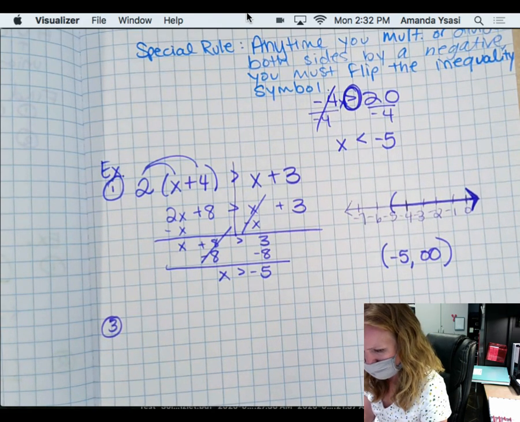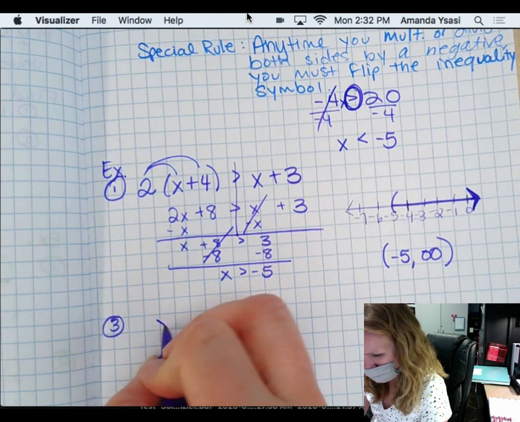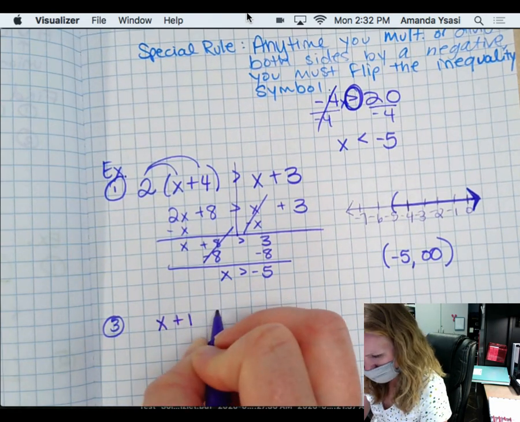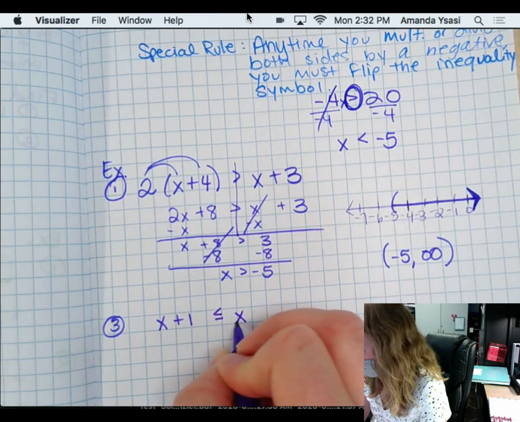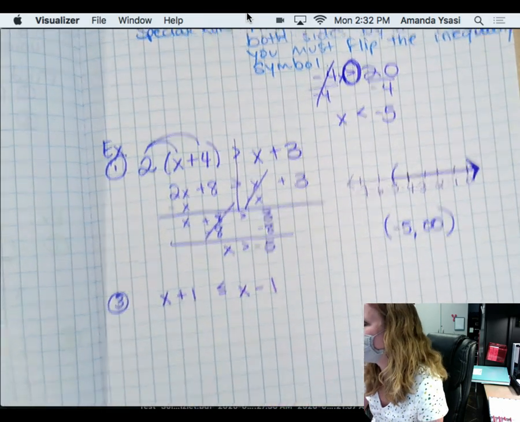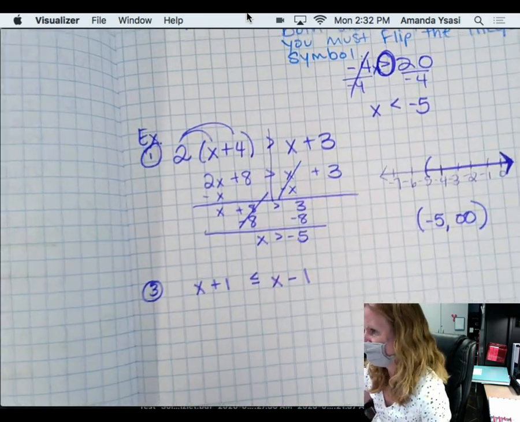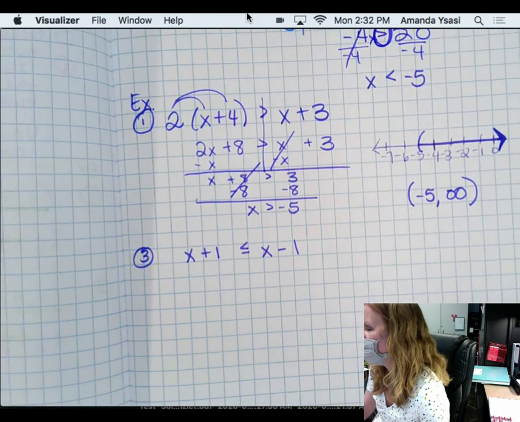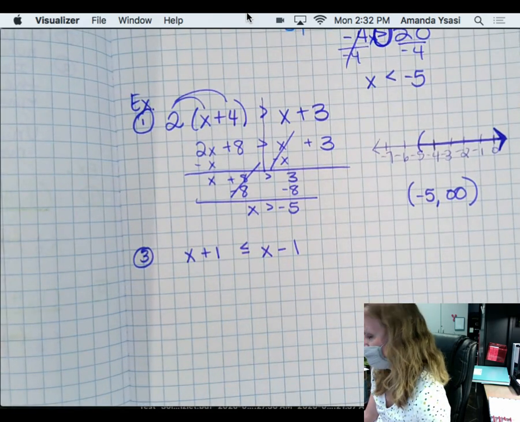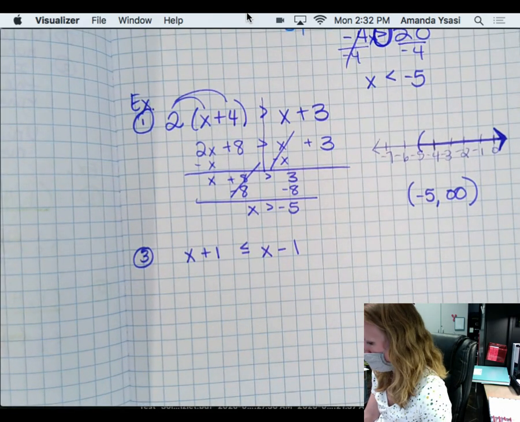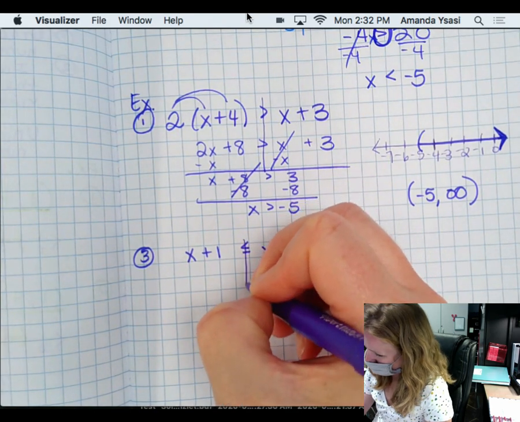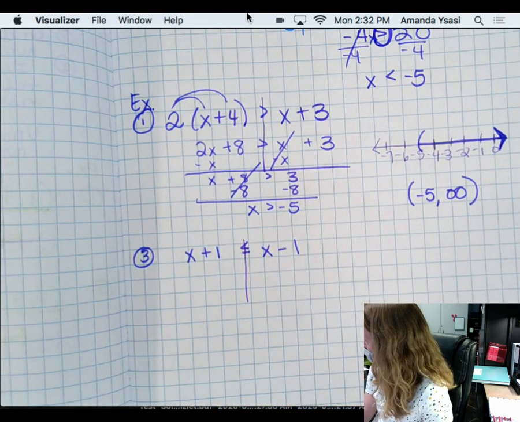Okay, let's do another one. X plus 1 is less than or equal to x minus 1. Remember, you solve these out.